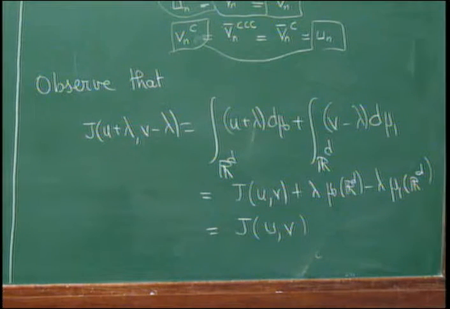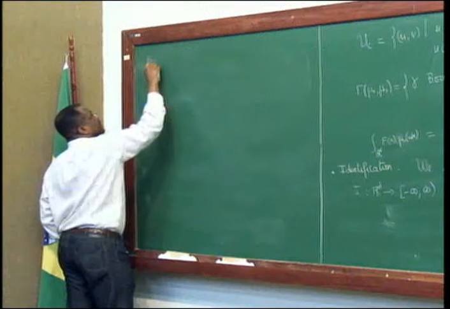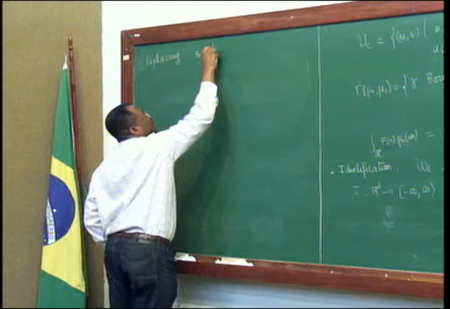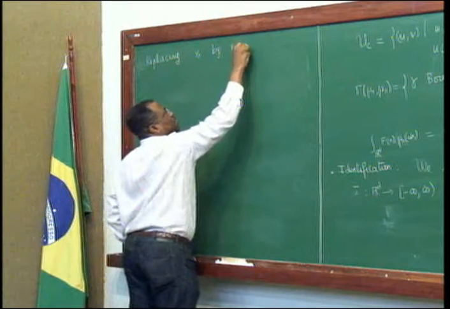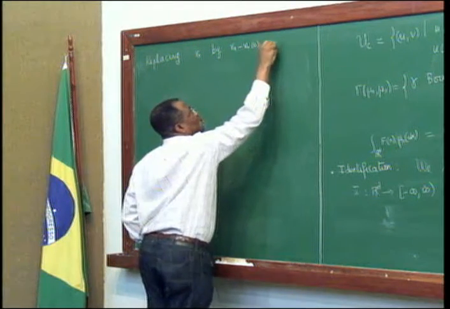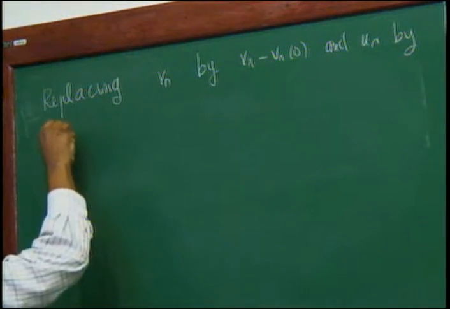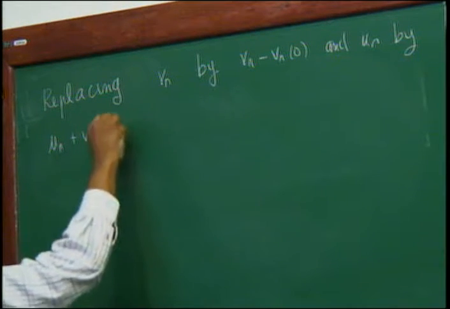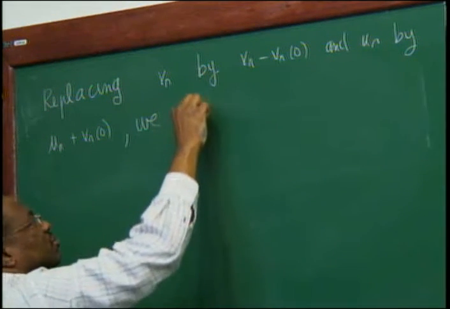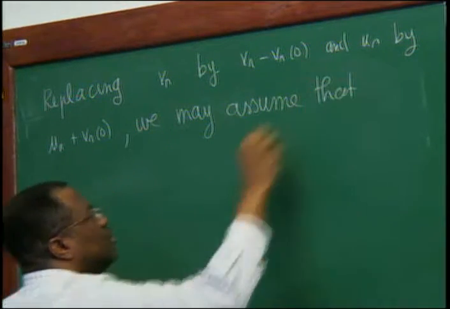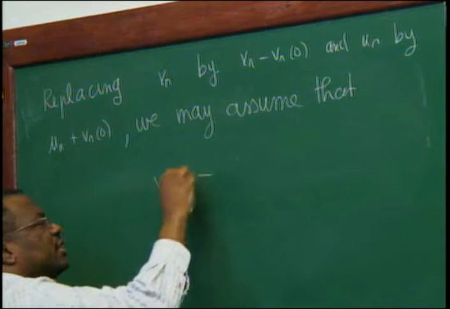In particular, replacing Vn by Vn minus Vn of 0 and Un by Un plus Vn of 0, we may assume that Vn of 0 is 0.